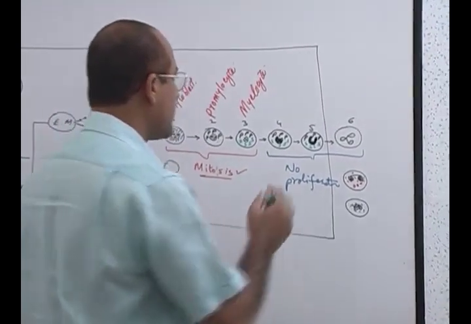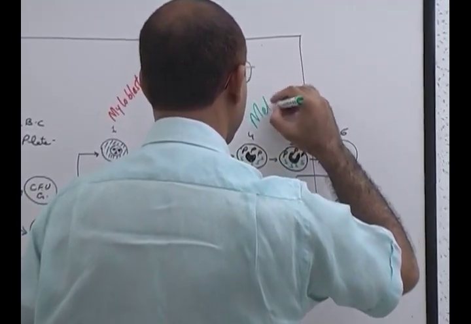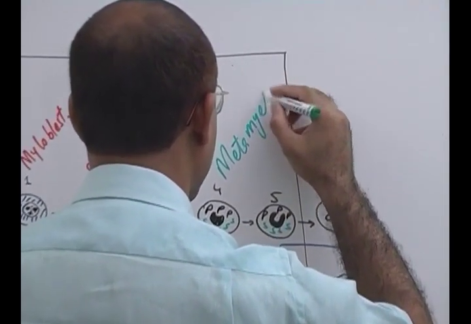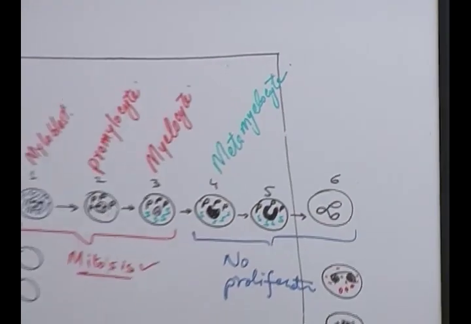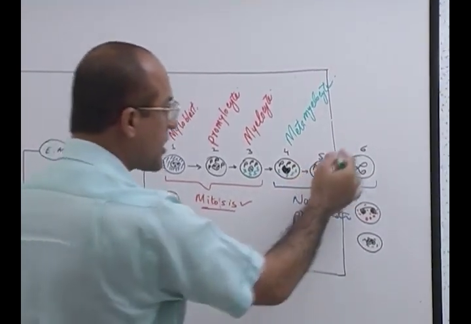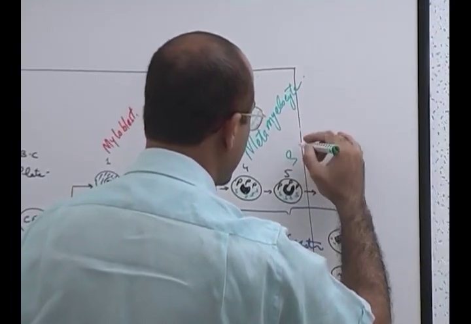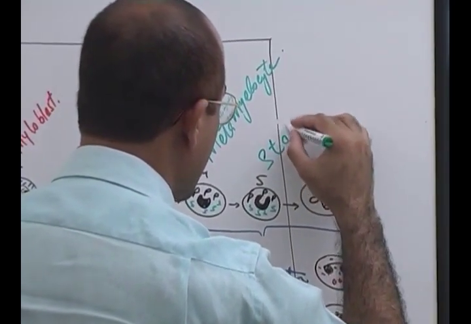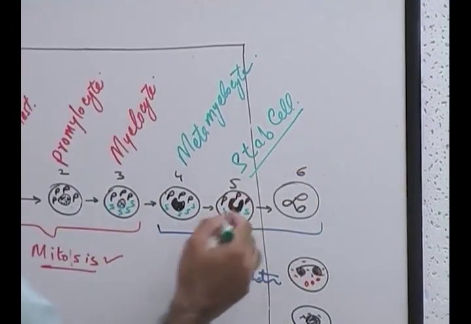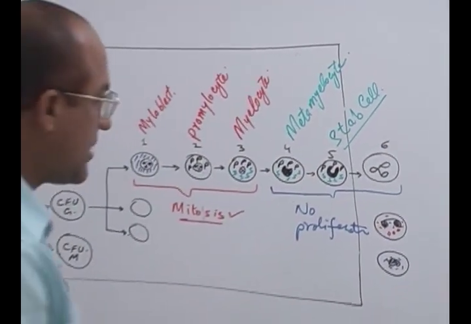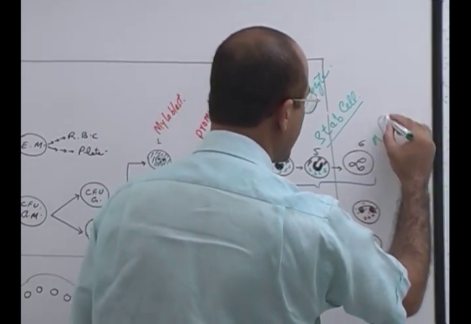And then here it is the metamyelocyte. And then these are called stab cells, or band cells. And then these are the neutrophils.